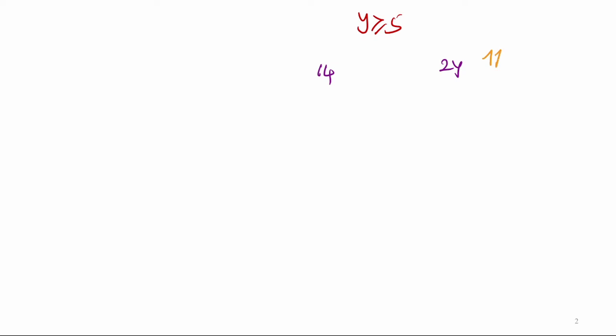So let's calculate the entropies for these two children. We have child 1 here and child 2 here. You can do this with me as well. The entropy of child 1 is quite easy.